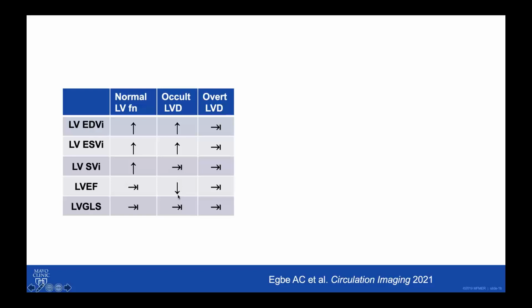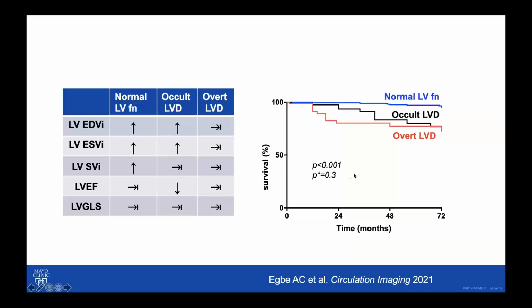So the EF really didn't drop. It's just that you're unmasking LV dysfunction that wasn't apparent before. Sorry, and of course the LV-GLS didn't change. And again, survival was different across the three groups, with the occult group behaving similar to the overt group with regards to survival.